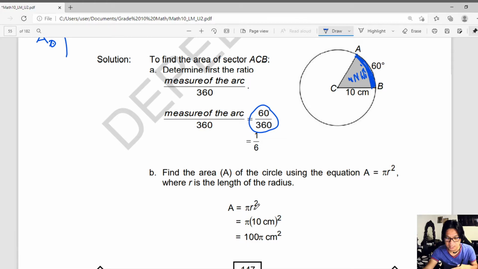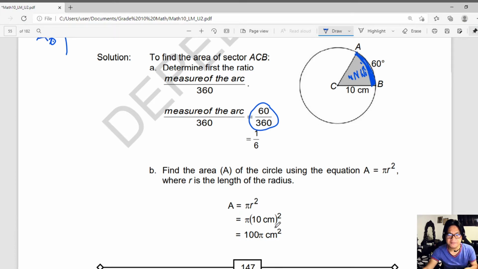So just change r into 10. So pi times 10 centimeter squared, which is equal to 100 pi centimeter squared, because 10 times 10 is 100.